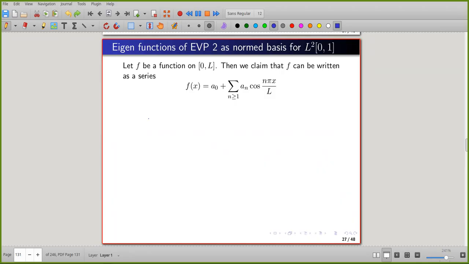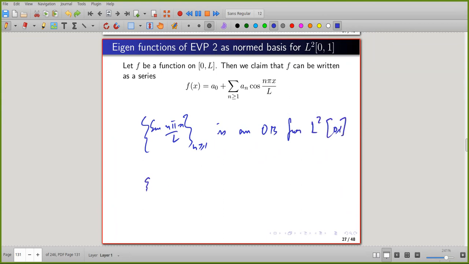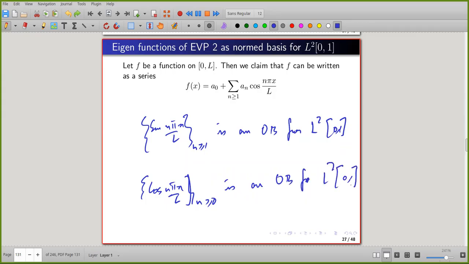In the previous slides we saw that sine n pi x by L is an orthogonal basis for L2 of 0, L. Now this is saying that cos n pi x by L, for n greater than or equal to 0, is an orthogonal basis for L2 of 0, L. So for the same inner product space, we have produced two different ones. Let's see how to do this.